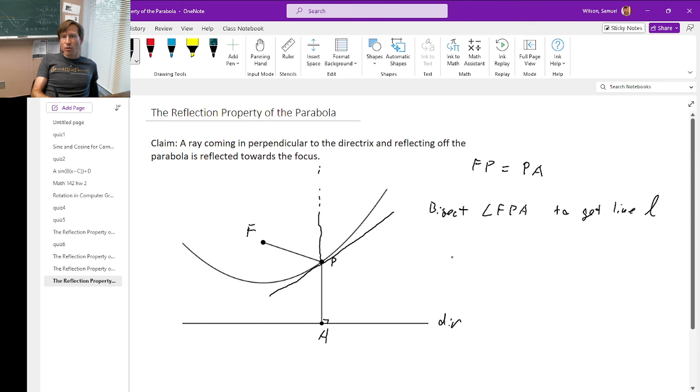Okay, so the key fact for this line is that L is tangent to the parabola. Now, we're going to have to prove this, of course, but first let's see why this proves the reflection property.